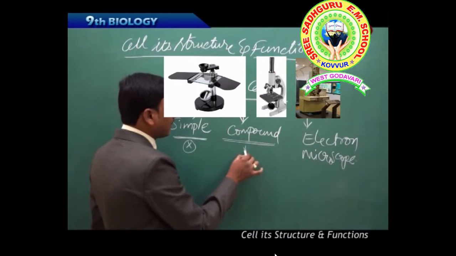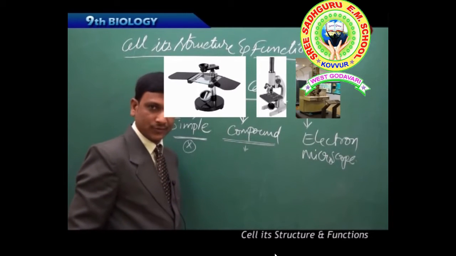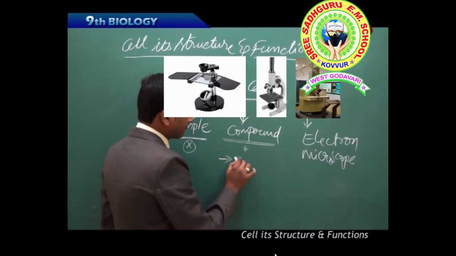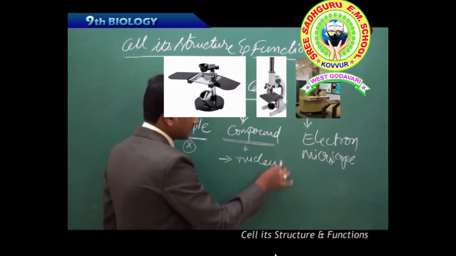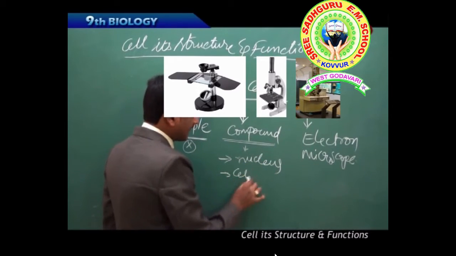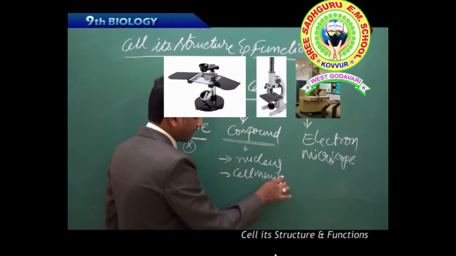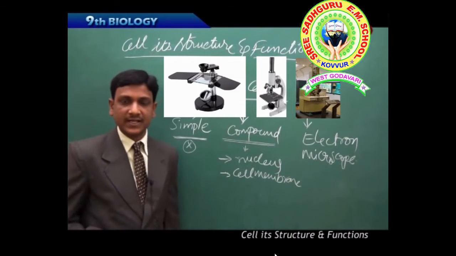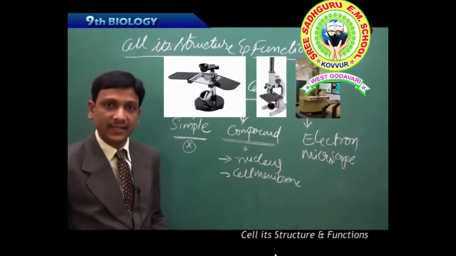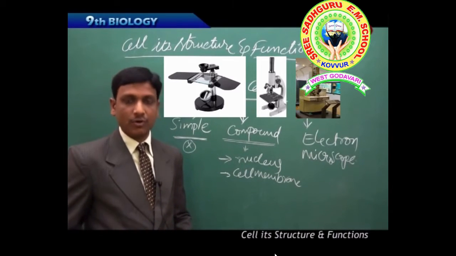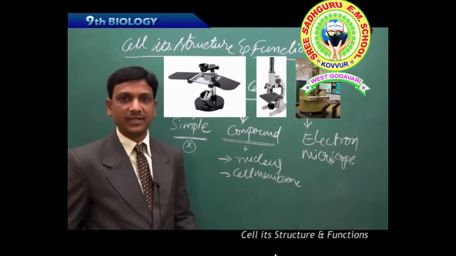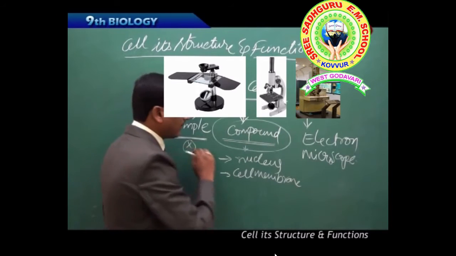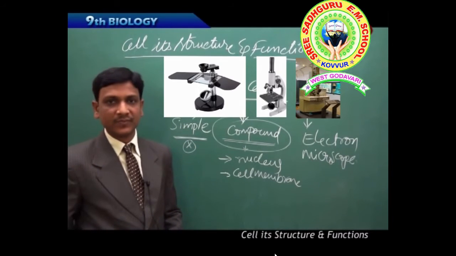So by using a compound microscope, we can observe the nucleus, cell membrane, etc. But if you want to study all the other parts like mitochondria, Golgi apparatus, endoplasmic reticulum, and so on, it is not possible by using a compound microscope.